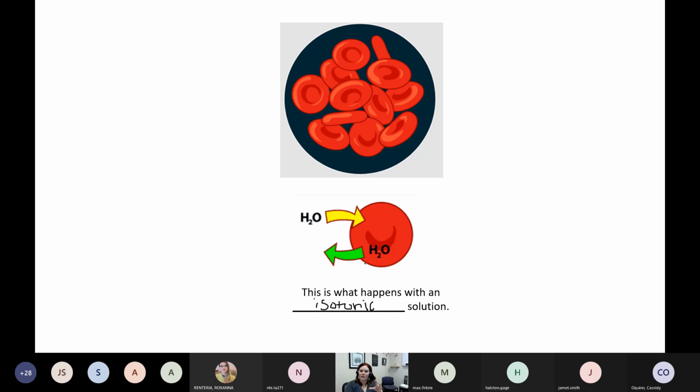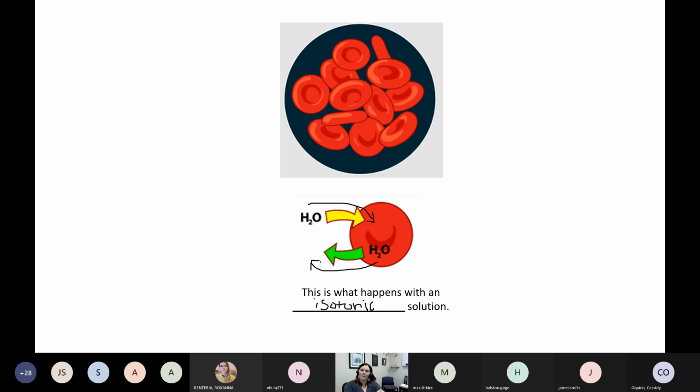Because if my concentrations are the same, some of my water molecules will say, well, I got to check it out inside. I got to figure out what it's like in there. And just as soon as they come in, some of the water molecules that are inside are like, oh, I got to go outside. I got to see it out there. The rate of water coming into our red blood cells and the rate of water coming out of our red blood cells is the same.